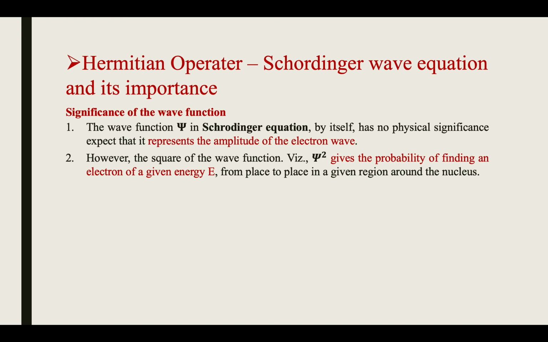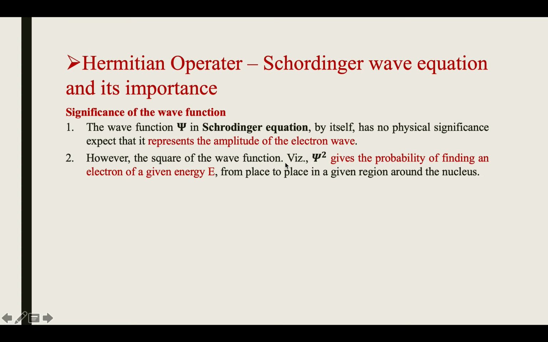What is the significance of the wave function that we are going to see here? The wave function psi in the Schrodinger equation by itself has no physical significance, except that it represents the amplitude of the electron wave.